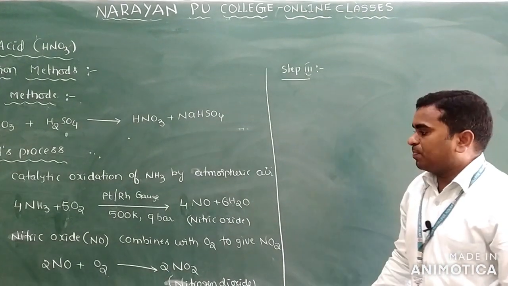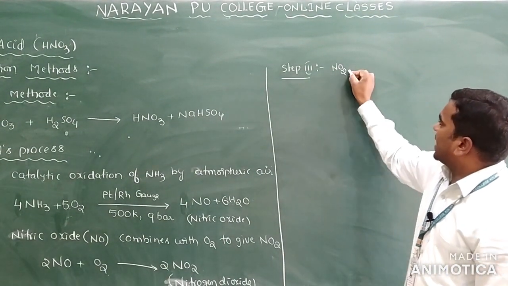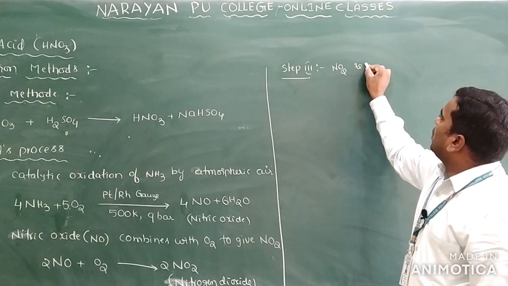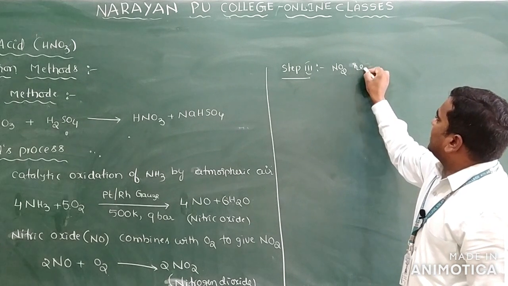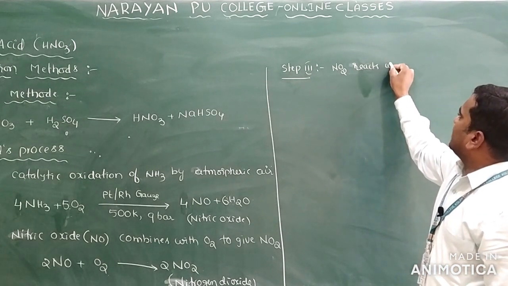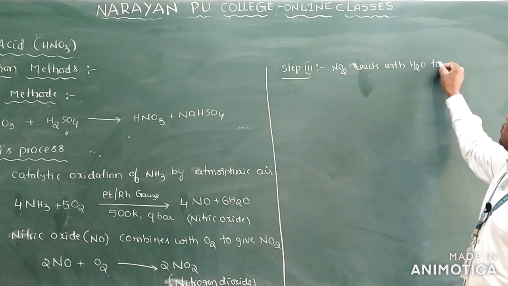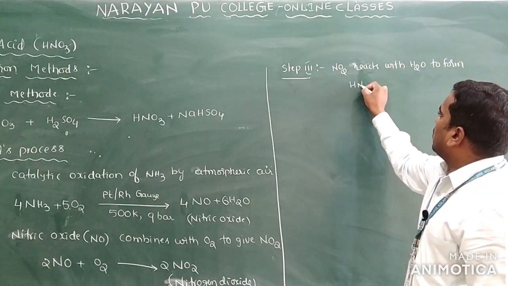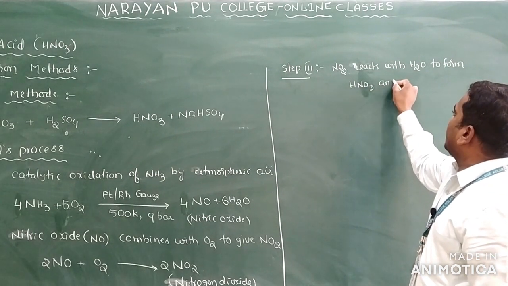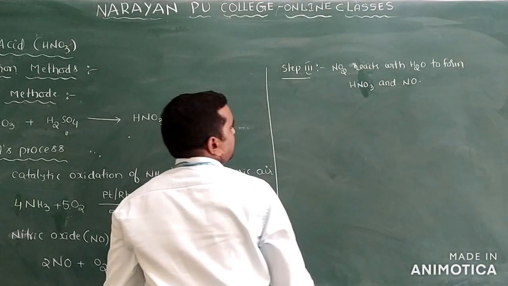Step 3: nitrogen dioxide, NO2, and NO2 reacts with water to form HNO3 and nitric oxide. Clear? This is the third step.